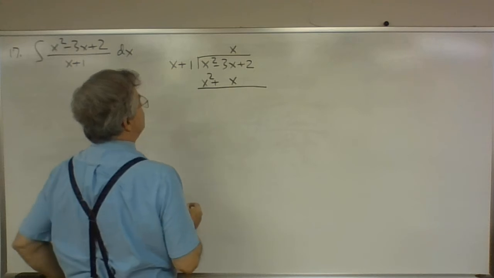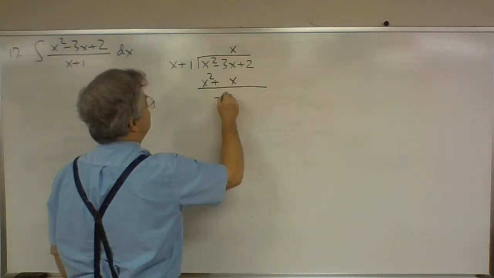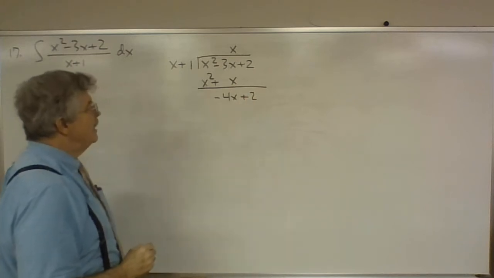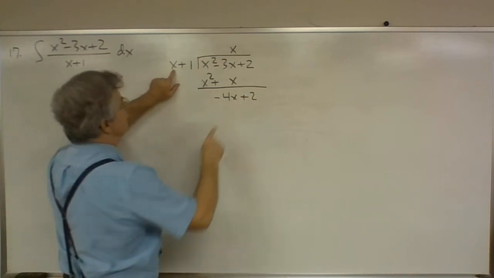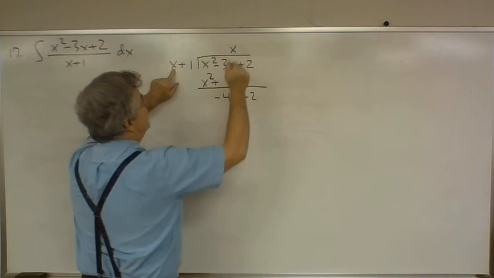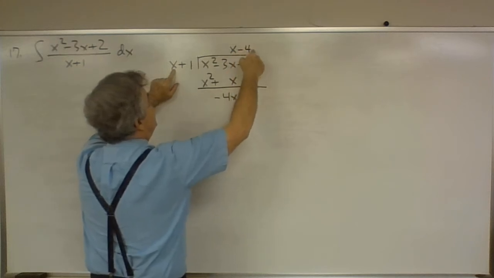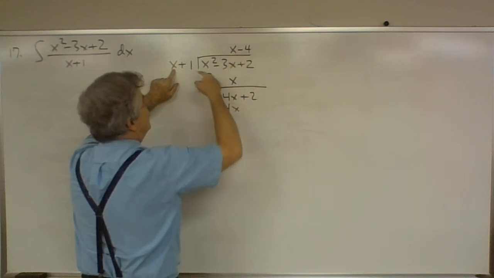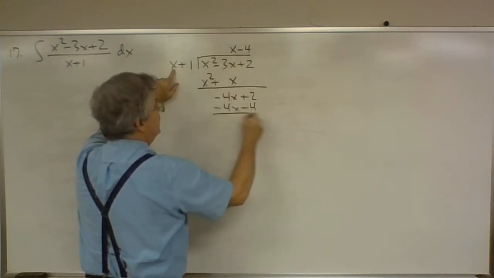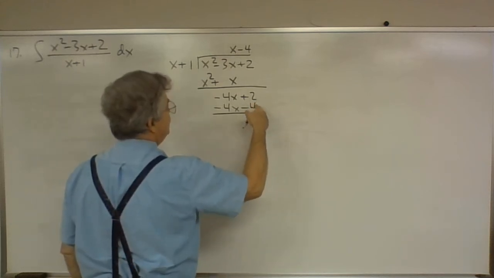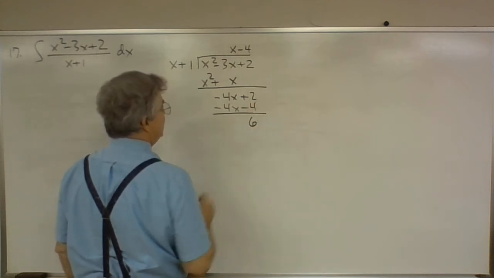And subtract 3x minus x, negative 4x plus 2. And we repeat the procedure. Take the terms of highest degree. X goes into negative 4x negative 4 times. Negative 4 times x is negative 4x. Negative 4 times 1 is negative 4. And we subtract 2 minus a negative 4 is 6.